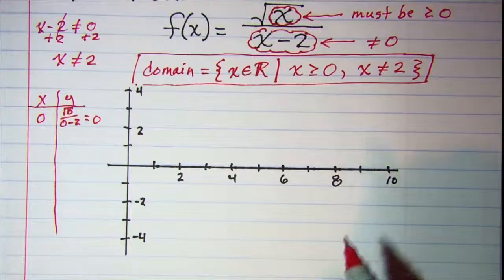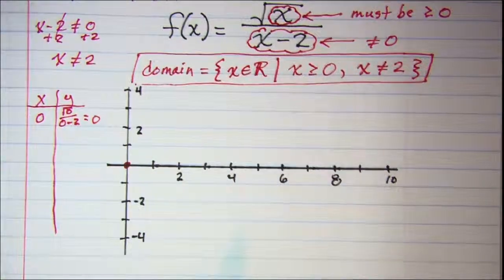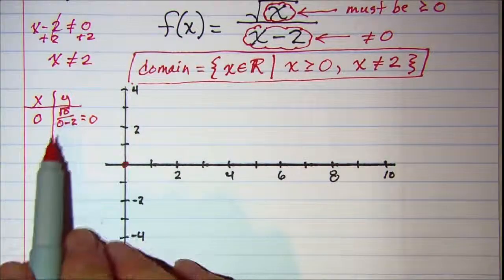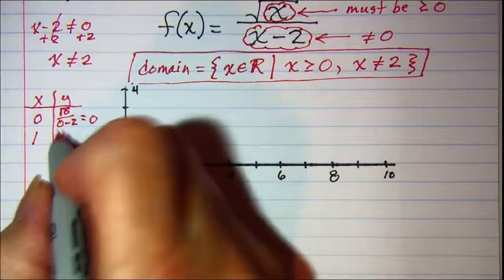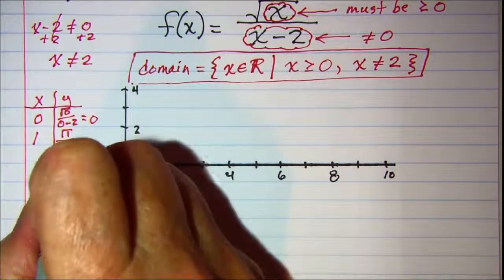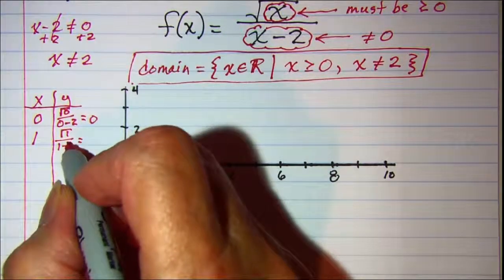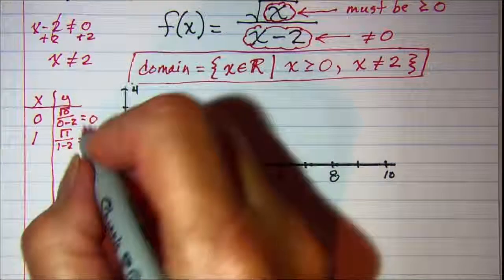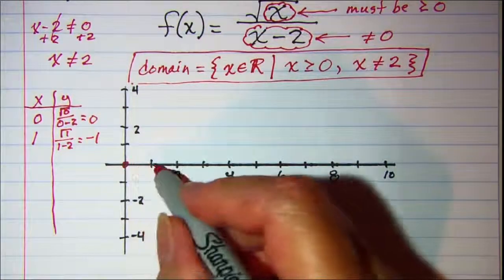So we have 0, 0 as a point on our graph. Now when x is 1, we have the square root of 1 over 1 minus 2. So the square root of 1 is 1 over negative 1, which is negative 1. So 1, negative 1.